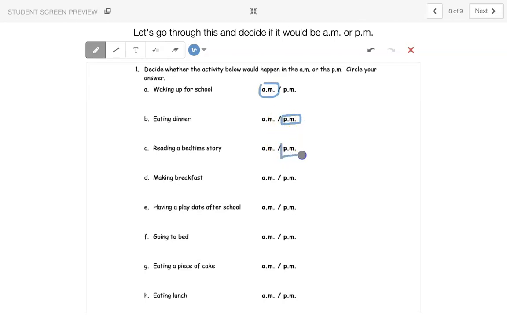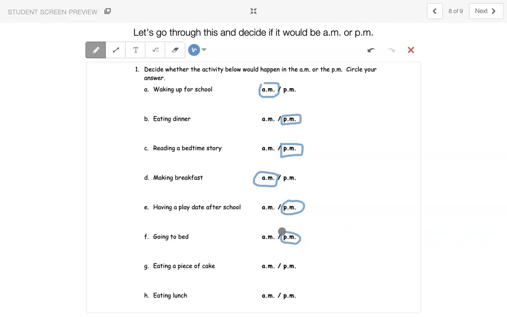Definitely p.m. Making breakfast. We have breakfast in the morning, so that's a.m. Having a play date after school. Well, school ends at like 2 or 3 p.m., so after that we could have our play date, so that's p.m. Going to bed, we do that when the sun is down, so that's p.m.